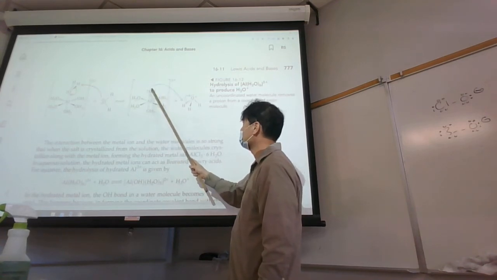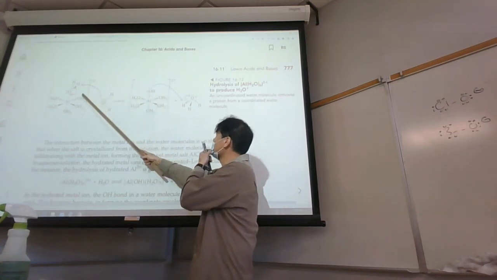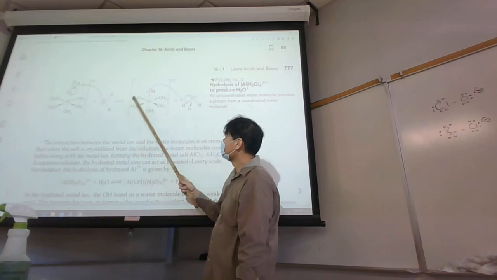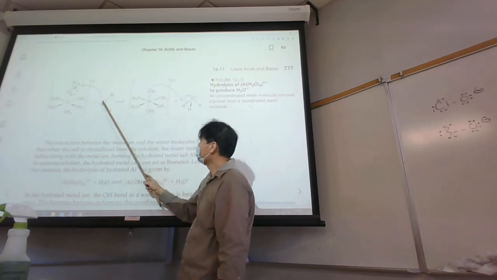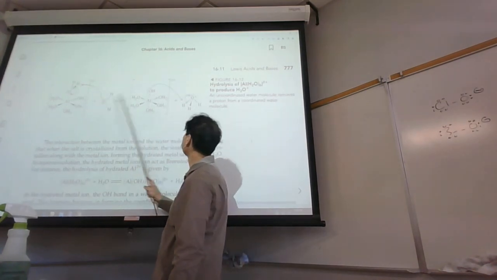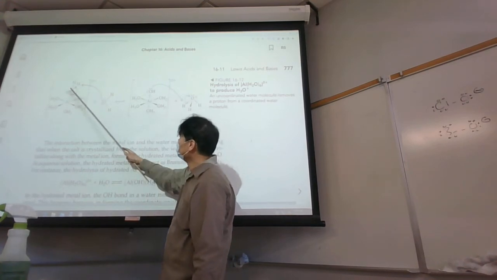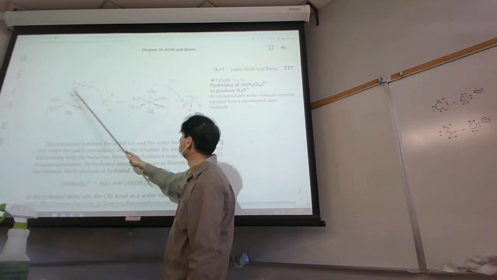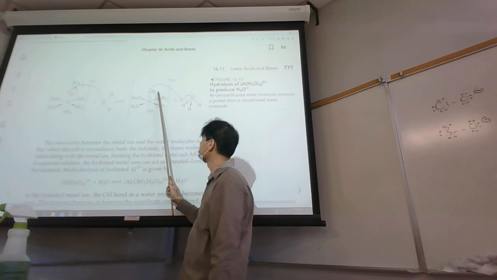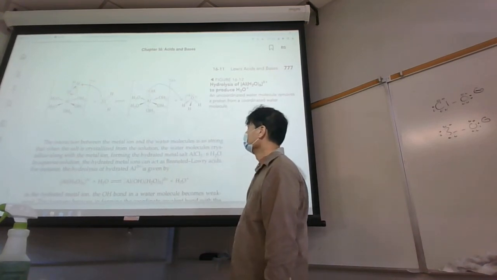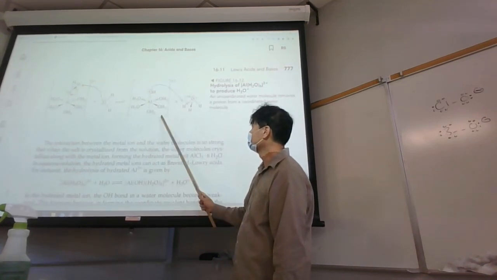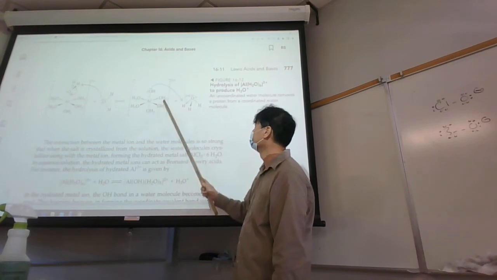But once the first one's taken off, we form a hydroxyl group or hydroxide group. And so this water is going to pluck off that proton to make hydronium. And then these lone pairs are going to go here to make hydroxide. And so we have a hydroxo complex now, as well as the 5 aquas here.